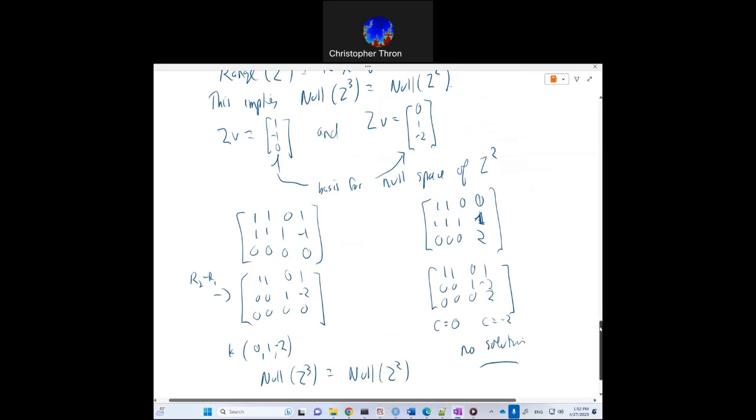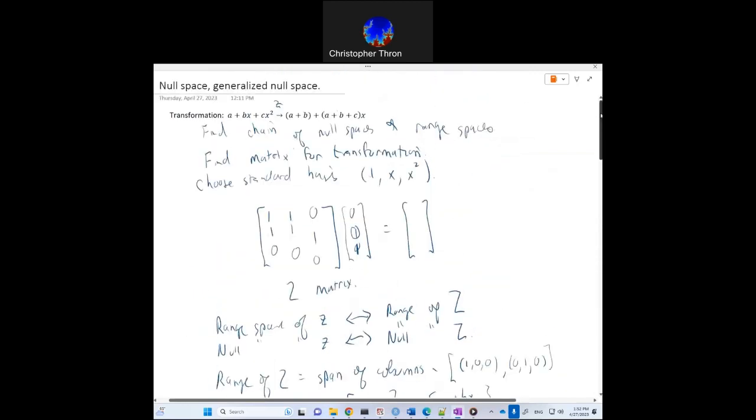All right, so just to recap, important concept here. When you have a transformation, find a good basis and express it as a matrix. Once you've expressed it as a matrix, usually the problems that you'll have can reduce to some of the basic problems we had in the first few weeks. The null space of this transformation is the null space of this matrix. The range space is the range of this matrix. The null space of a matrix is the solution to the homogeneous equation.